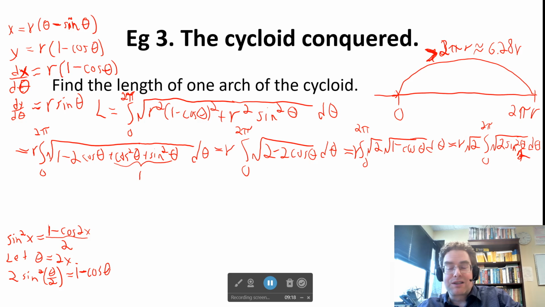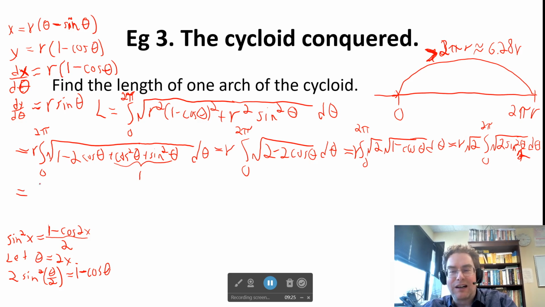And hey, now we've got almost the square root of something squared. So once we get that kind of officially clear here, then we can go ahead and take the square root.